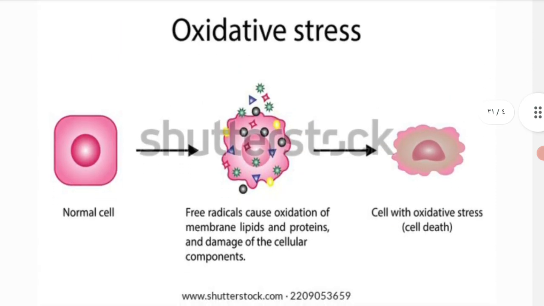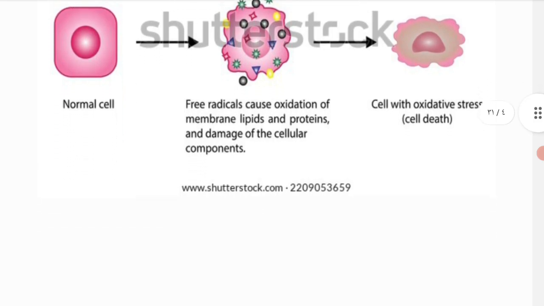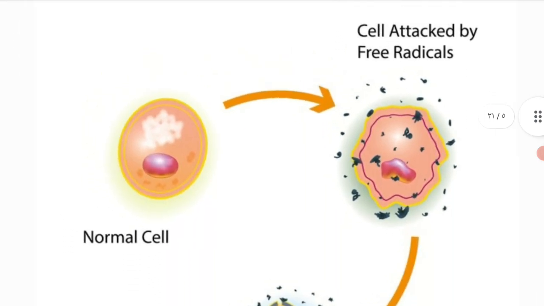This is the oxidative stress. A normal cell attacked by free radicals leads to increased oxidation and decreased antioxidants, leading to oxidation of membrane lipids, proteins, and damage of cellular components, and with oxidative stress, cell death, as you see in this cycle.